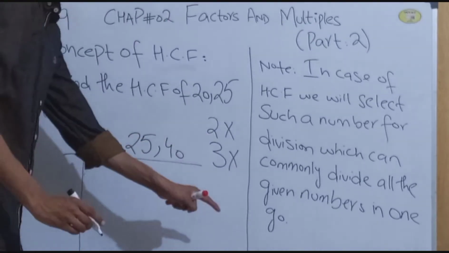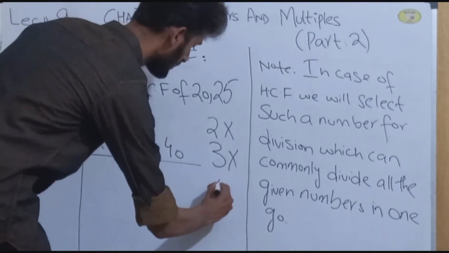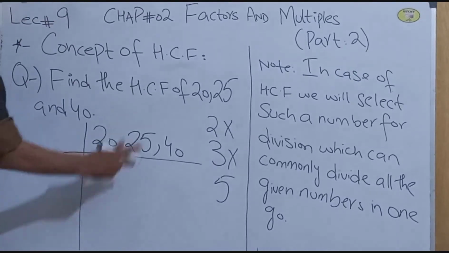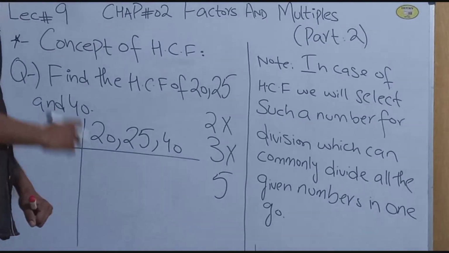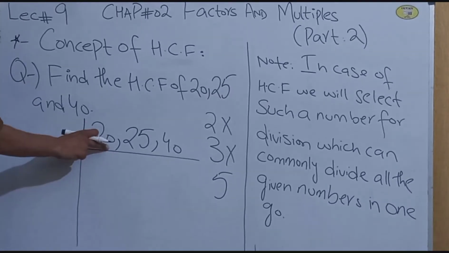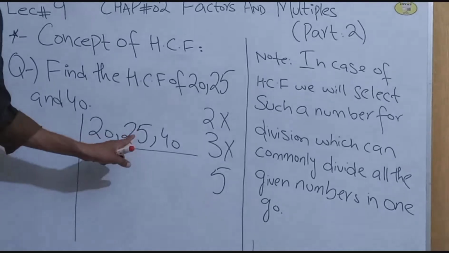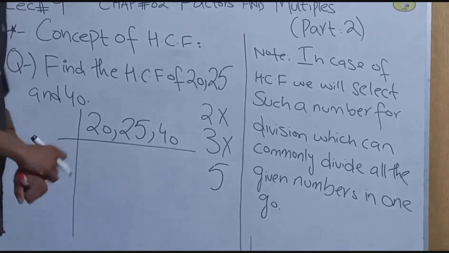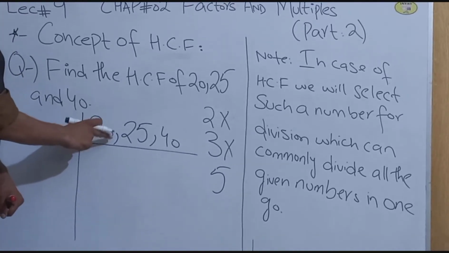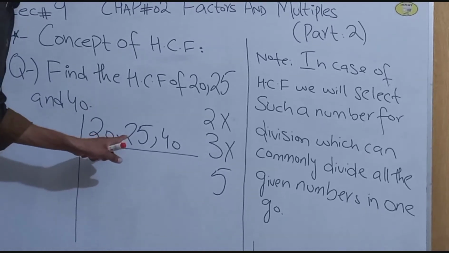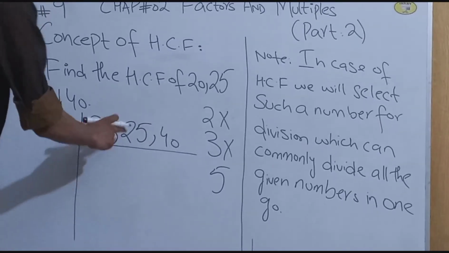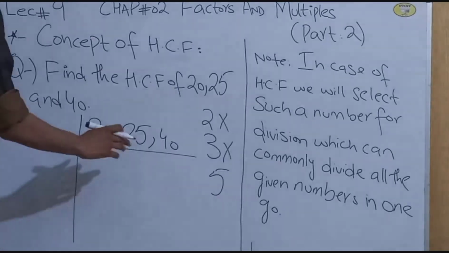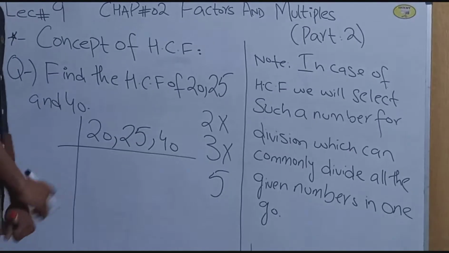Now what's the next prime number? The next prime number is 5. We will check whether these three numbers are divisible by 5. Is 20 divisible by 5? The answer is yes, as the last digit in 20 is 0. Is 25 divisible by 5? The last digit in 25 is 5, so it is also divisible by 5. Is 40 divisible by 5?